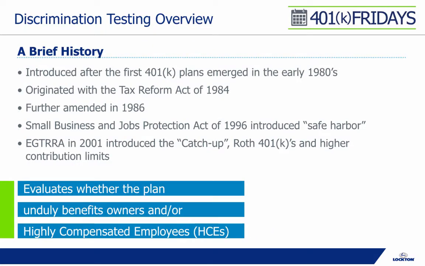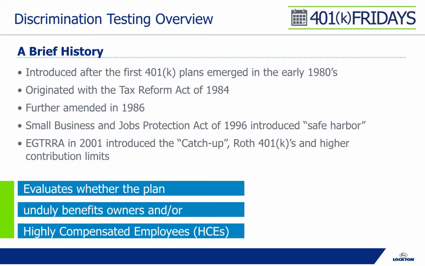As a brief overview, 401k discrimination testing came about shortly after 401k plans were introduced in the early 1980s. Discrimination testing originated with the Tax Reform Act of 1984 and then was further amended in 1986. Not much happened until the Small Business and Jobs Protection Act of 1996 introduced the concept of safe harbor. This gave employers the ability to pass their discrimination tests by offering a prescribed match and a prescribed vesting schedule.